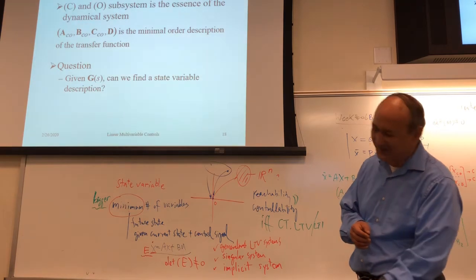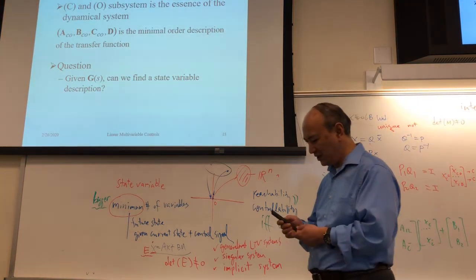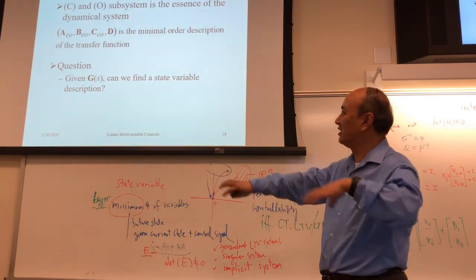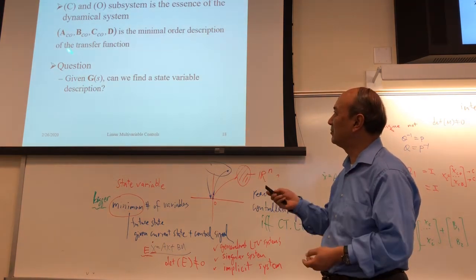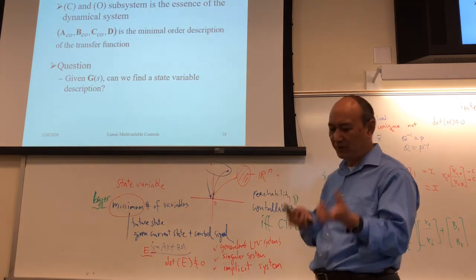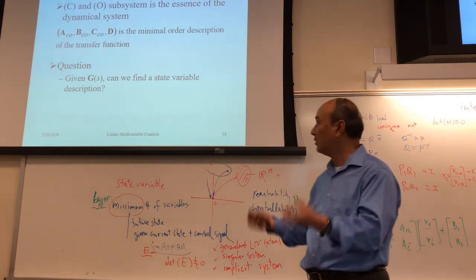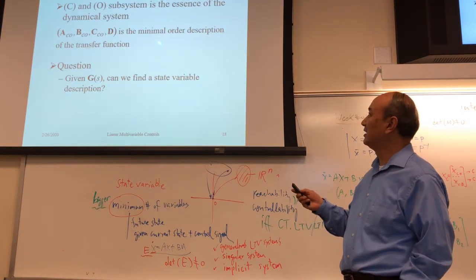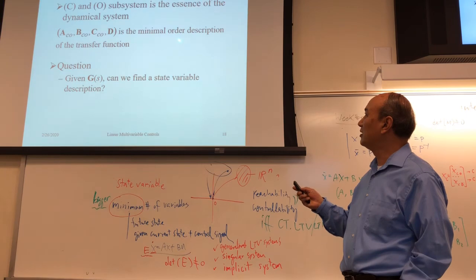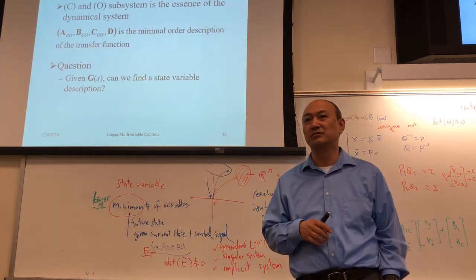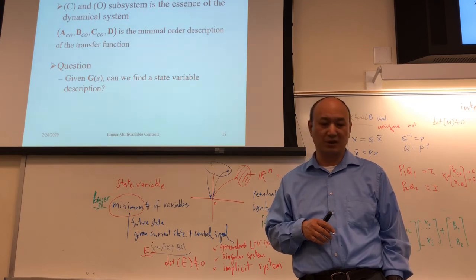So if you do this Kalman decomposition, you squeeze all other things away, you only keep the controllable and observable part, A_CO, B_CO, C_CO, both controllable and observable, then you will lead to a minimum order description of the transfer function. That's so true.